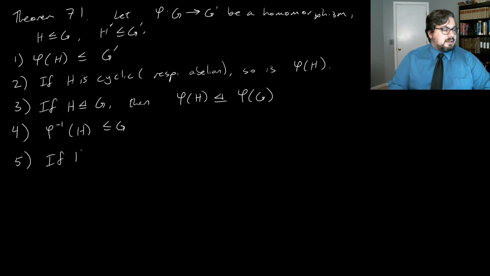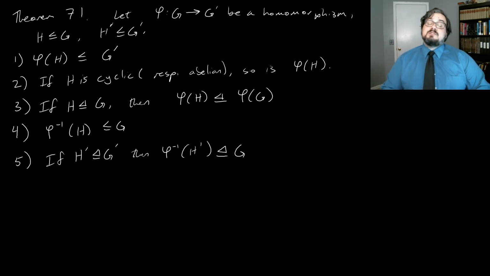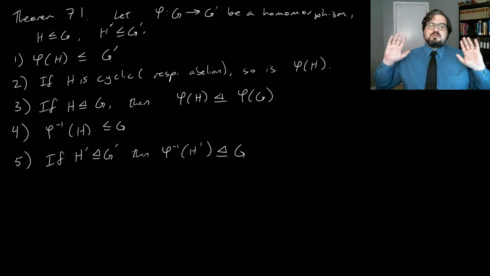Part 5, if H prime is a normal subgroup of G prime, then phi inverse of H prime is a normal subgroup of G. This one we actually can write down as being a normal subgroup of the whole group G itself. And that's basically because phi isn't required to be surjective. There could be things in G prime that phi doesn't map onto.